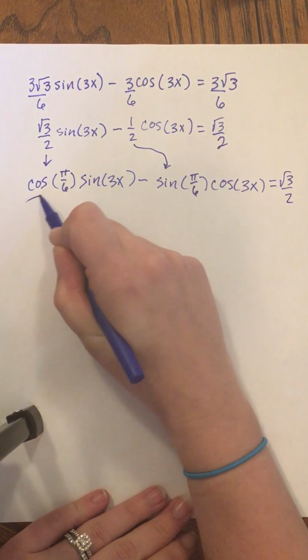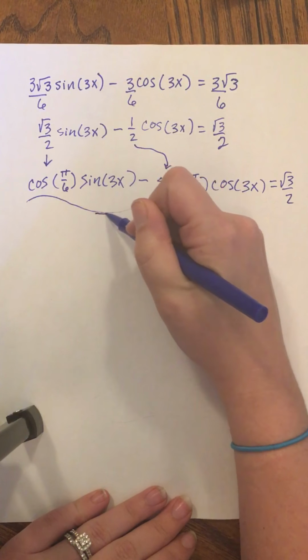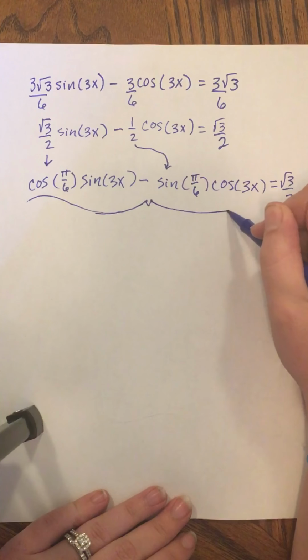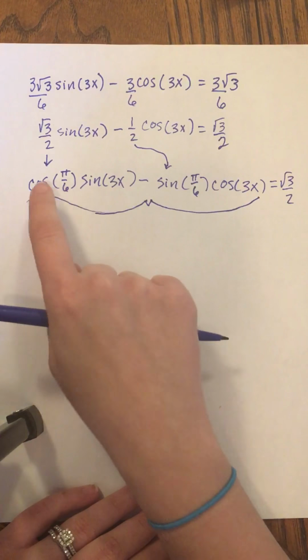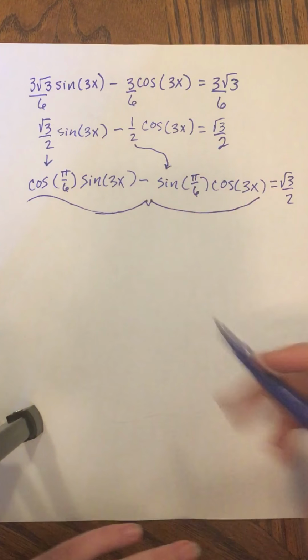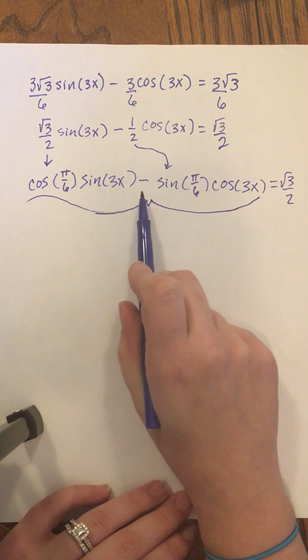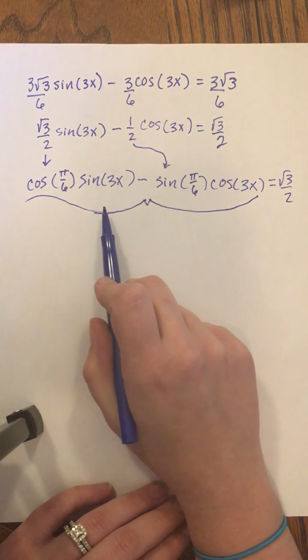Okay, so now does all of this put together look familiar? It should, because we have a formula, right, that goes sine, cosine, minus, cosine, sine. Things are a little bit flipped around, but this is the difference formula for sine.